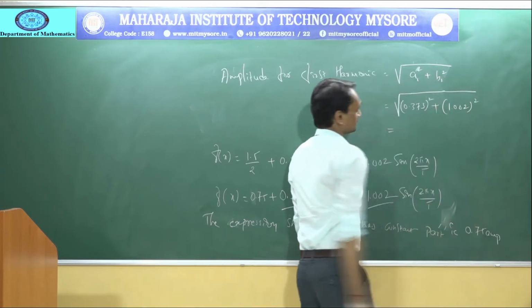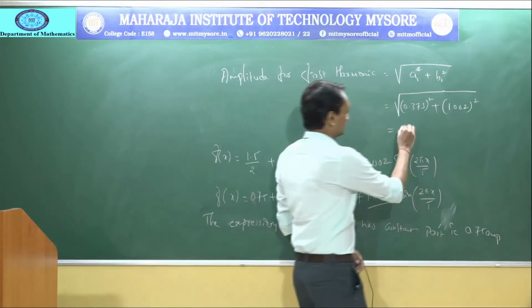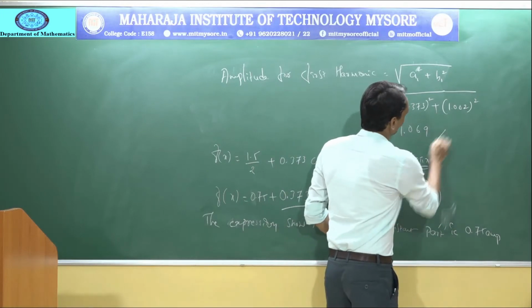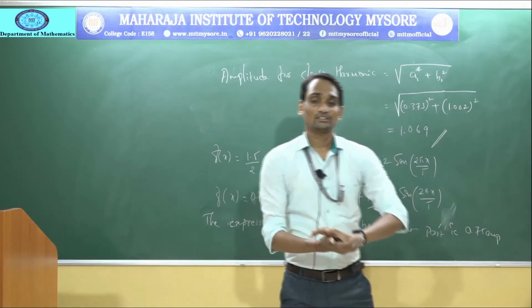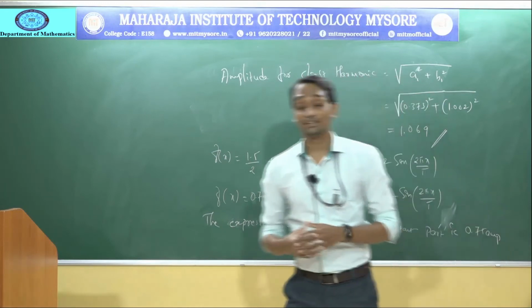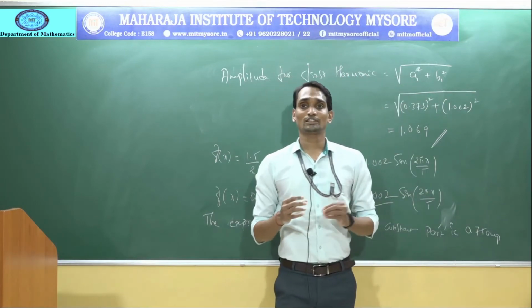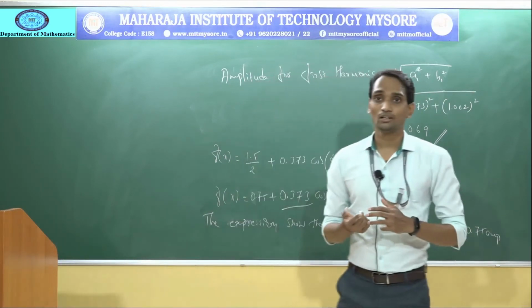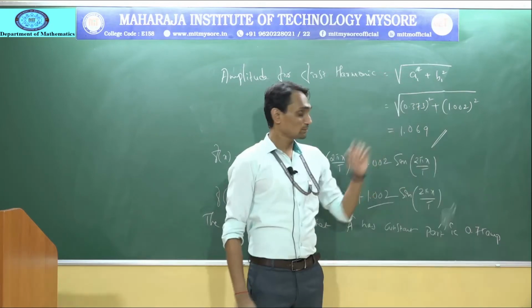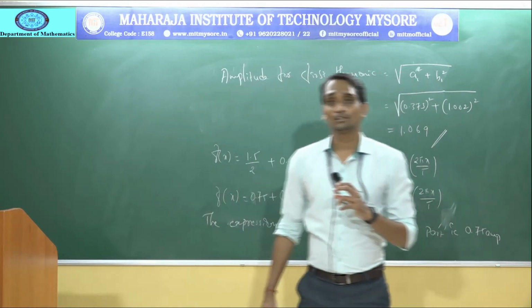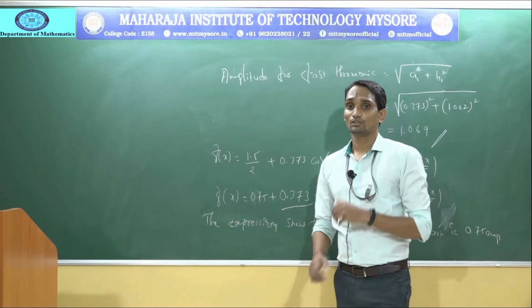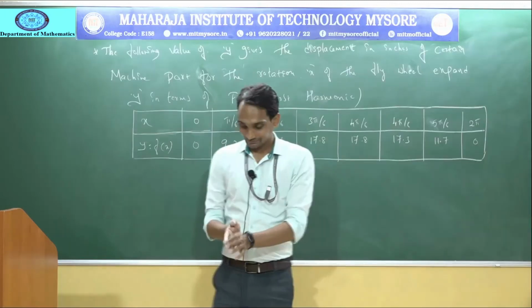You simplify this equation and get the final answer, therefore 1.069. T is mentioned in seconds and the current in ampere. So this is about finding the amplitude as well as the constant term. Okay, I'll move on to the next problem.